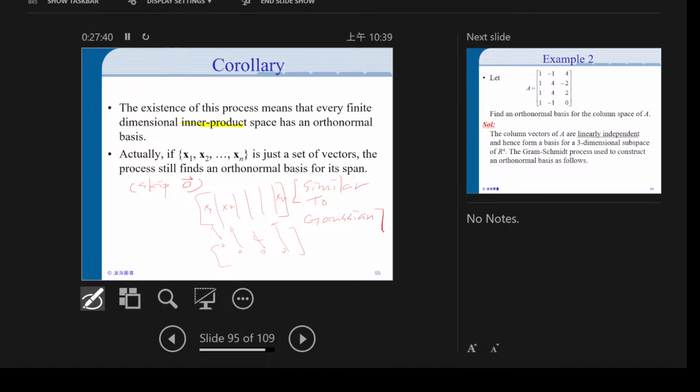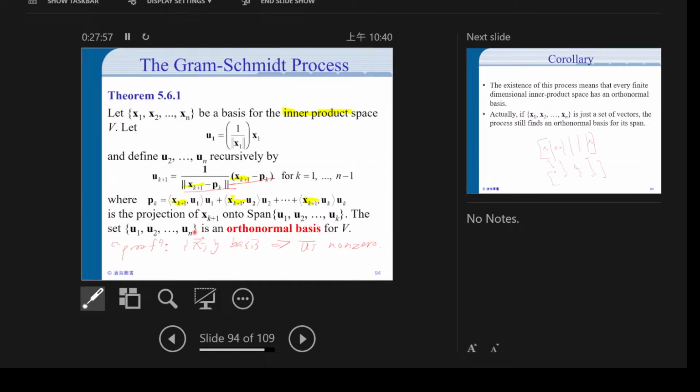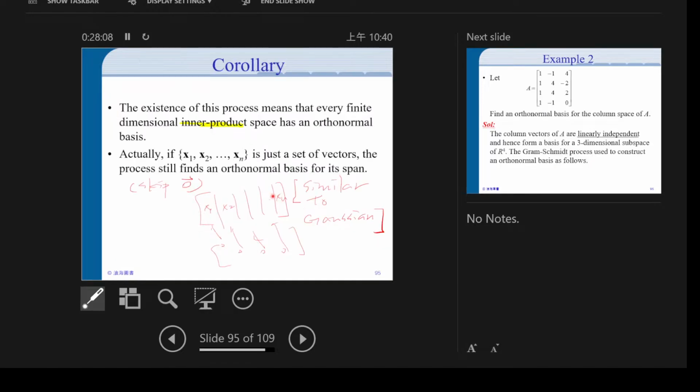And actually it's better than Gaussian elimination, well, better in some sense. Better in that you will find a better basis for your space, because the basis you find is also orthonormal, but you need to do a bit more calculation, because you need to do this normalization.